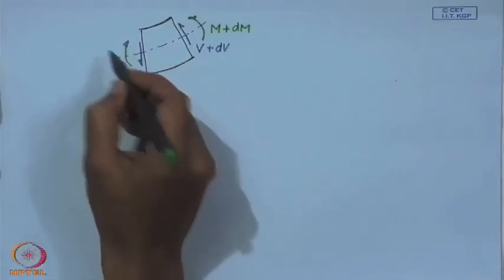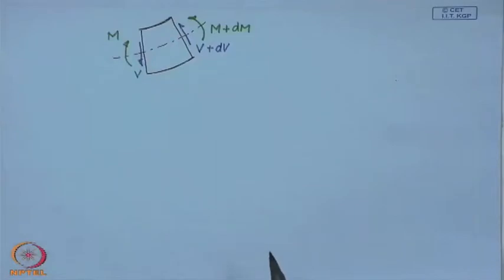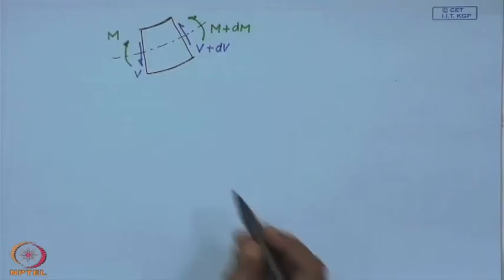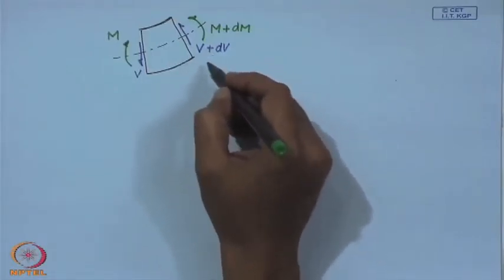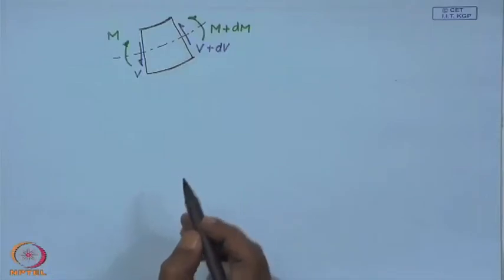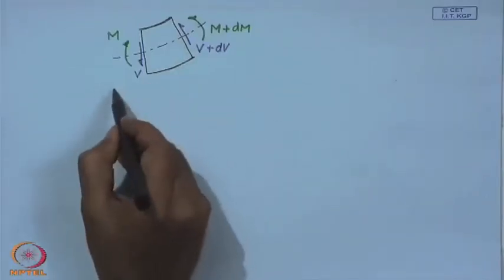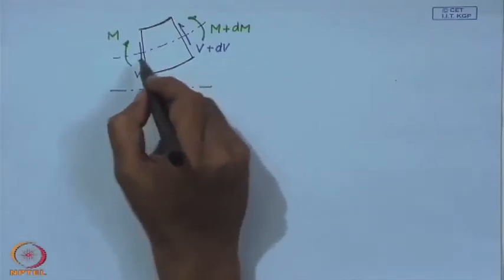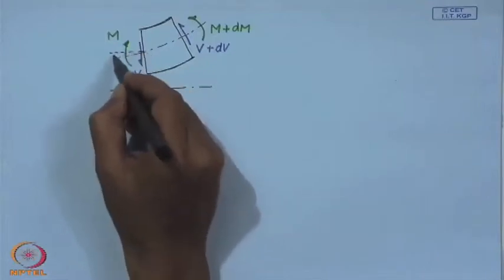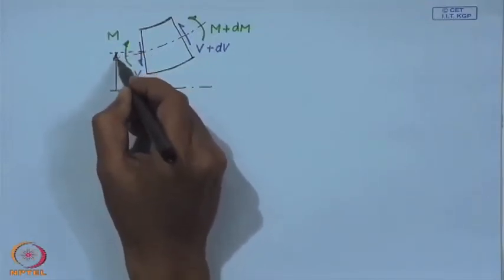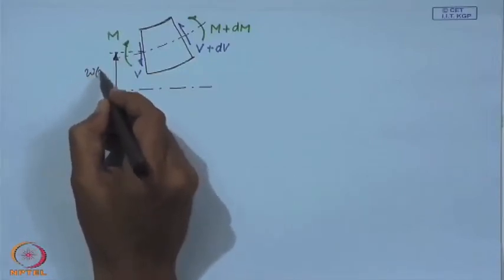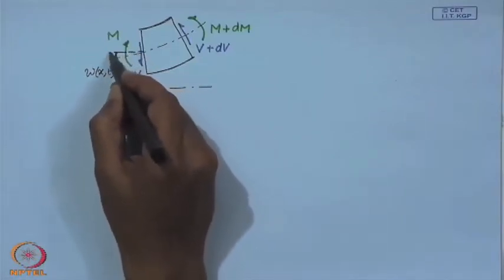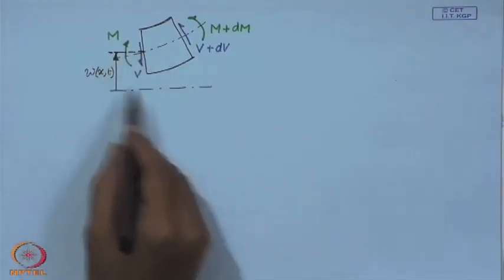So, the sign convention we follow: this is the positive shear force and bending moment, and this. So, this is the undeformed neutral axis. So, this deflection is w(x, t).